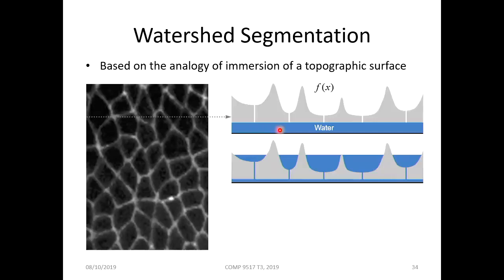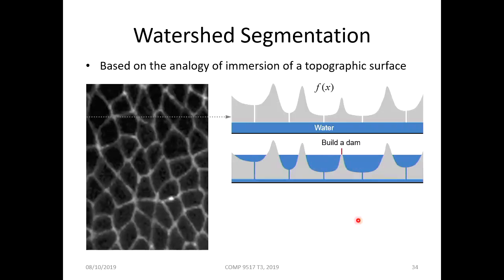What will happen, of course, is that the water gets in through these pipes, and it will rise in all the basins. And you're going to monitor whether two basins are going to merge or not. At some point, these two basins are about to merge, and you're going to prevent that from happening.